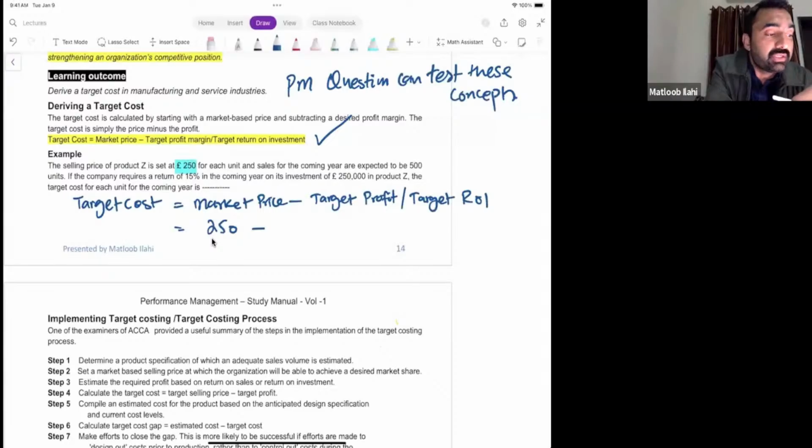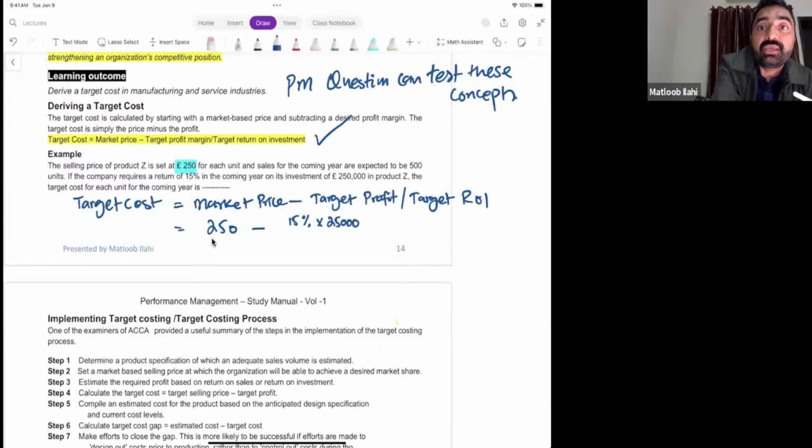You need to calculate the target ROI. So that is 15% in the coming year on an investment of 250,000. So 15% on 250,000. This is the total return for product Z.